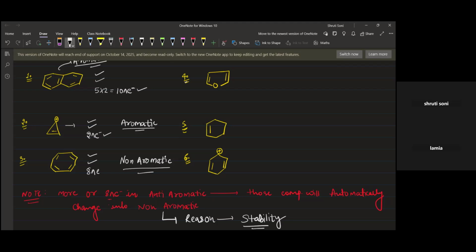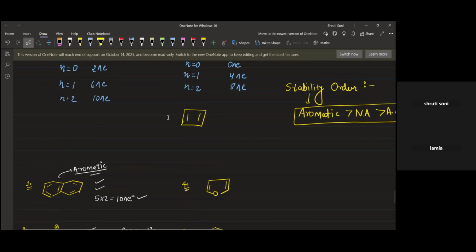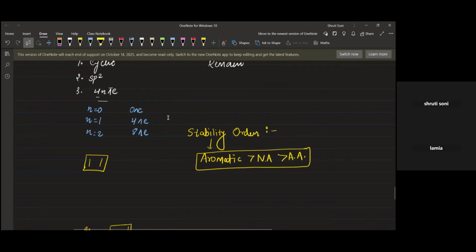And in case of anti-aromatic and non-aromatic, see, here there is a stability order.